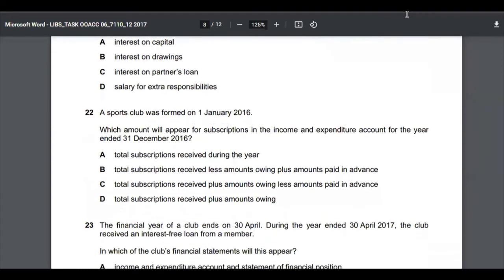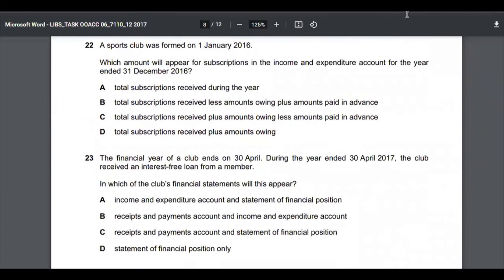So let's look at multiple choice 22. A sports club was formed on 1st January 2016. What amount will appear for subscriptions in the income and expenditure account for the year ended 31st December 2016, right? Total subscriptions received during the year, well, that's partially correct, sure.